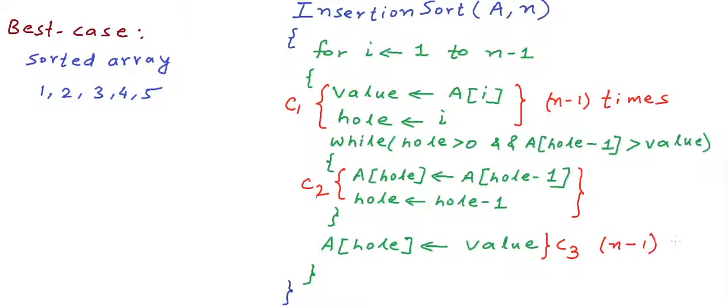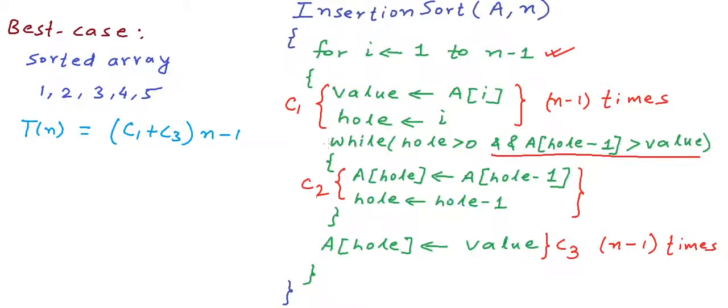So overall time taken in the best case will be equal to c1 plus c3 into (n-1). There will be some additional cost to increment counters and all, or to do these comparisons inside this condition for loops. Let's assume that they are accounted for in c1 and c2 respectively. Oh, this one should be (n-1) in bracket.